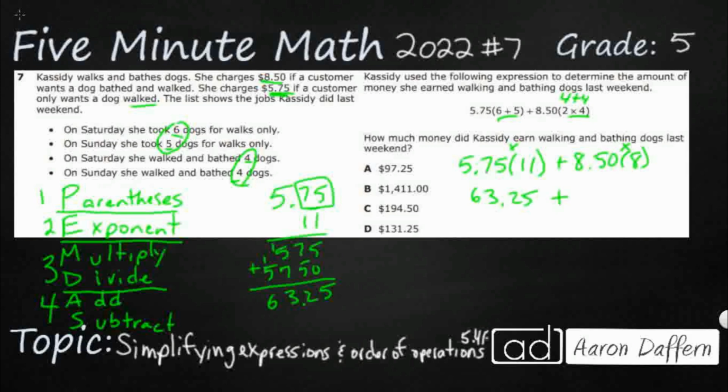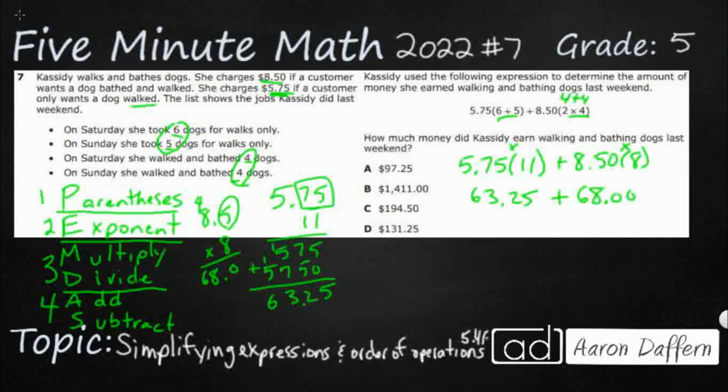Then I need to do this 8.50 times 8. I'm going to just do 8.5. I'm going to drop that 0 because I don't feel like multiplying by 0. It's 40, 64, 68. I need 1 digit behind the decimal right there. So it's just $68. I'll do the 0.00 to kind of keep it even.